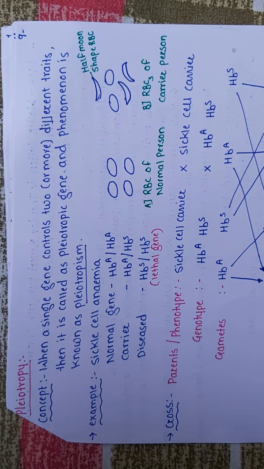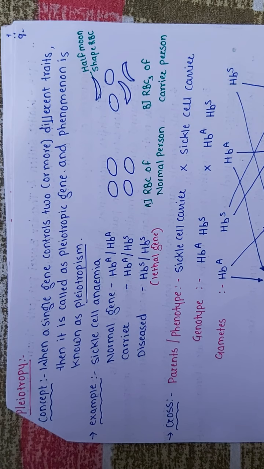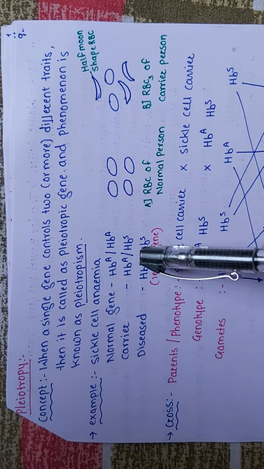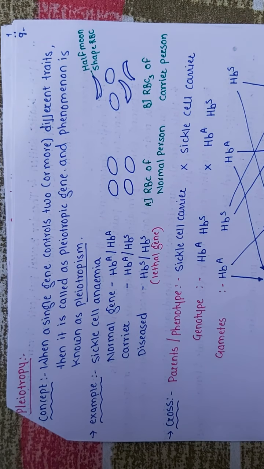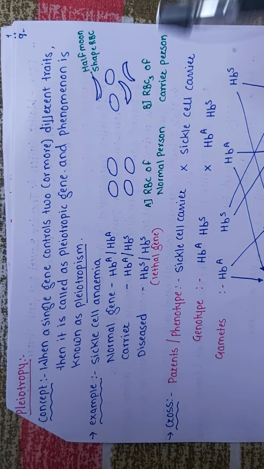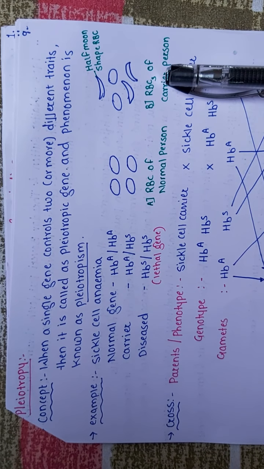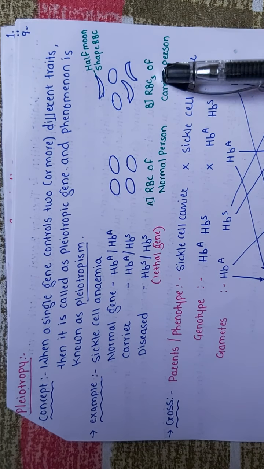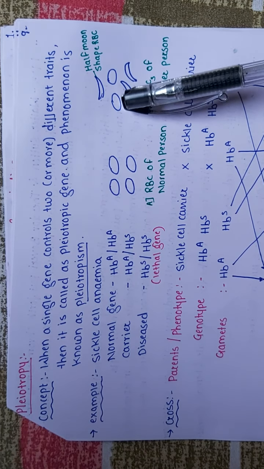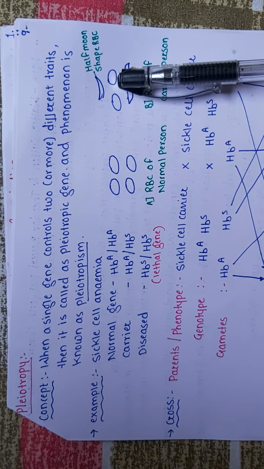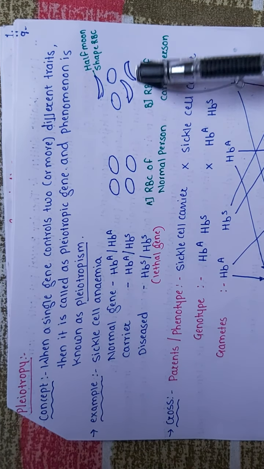In carriers, the heterozygotes HbA HbS, show signs of mild anemia as their RBCs become sickle shaped, half-moon shaped, in oxygen deficiency. In a carrier person, 50% of RBCs are normal and 50% are half-moon shaped.